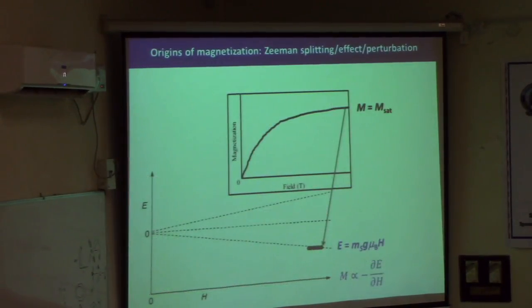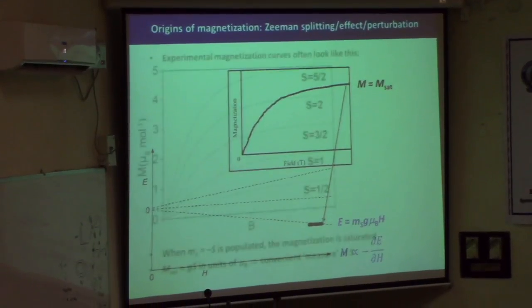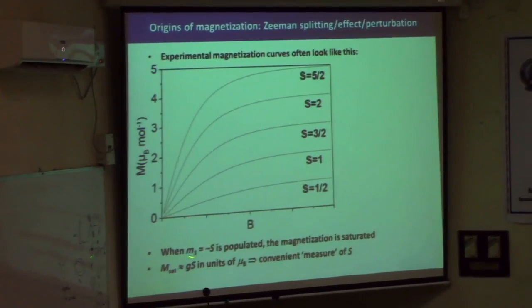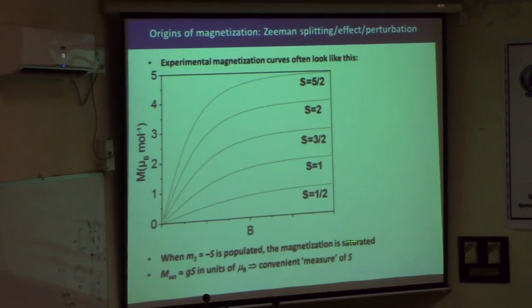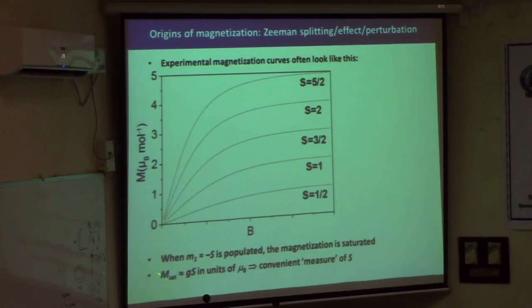Okay. So by the time you get to the end here, your saturation magnetisation, when only one of your states is populated, the magnetisation is said to be saturated, and it is possible then to equate approximately your saturation magnetisation in terms of 2 simple parameters. Okay, the G value and the total spin, in units of the Bohr magneton.